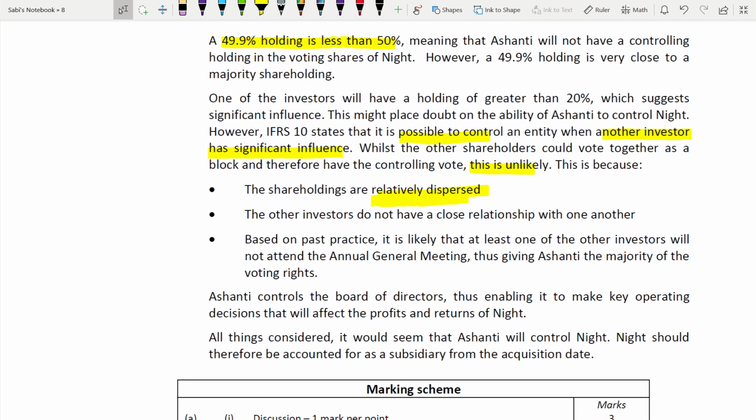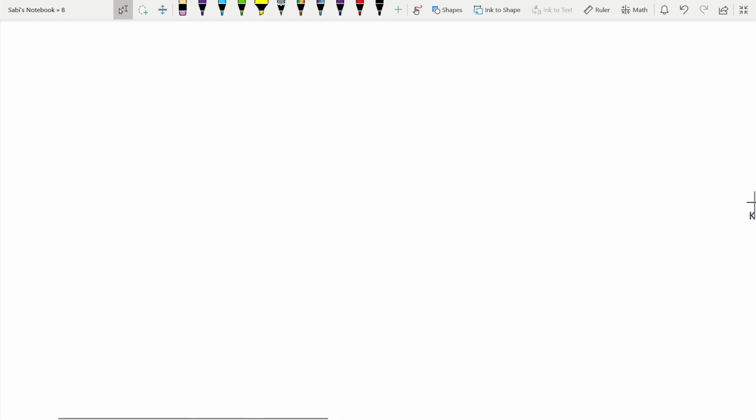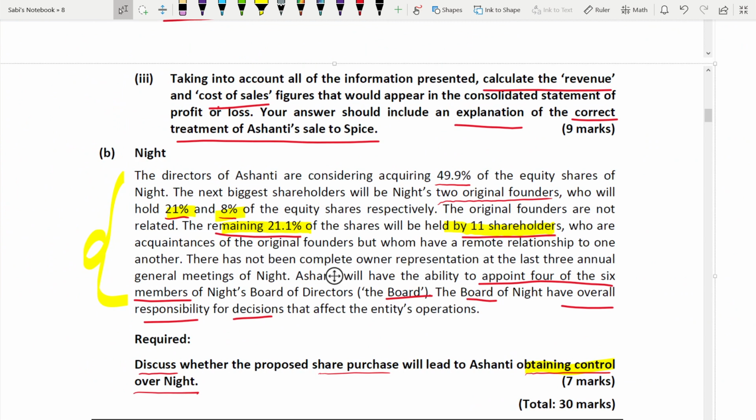Second, why a controlling vote is unlikely. Other investors do not have a close relationship with one another. This is also from the case study. Let me take you through the case study. I know it's wasting a little bit of time, me going up and down, but it is needed for you to have a clear understanding. If you see here, the original founders are not related.